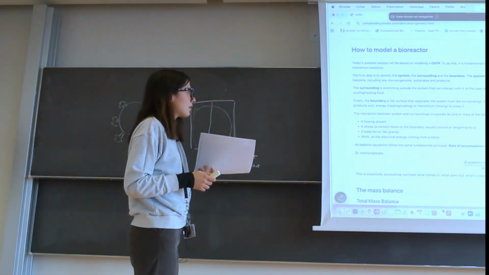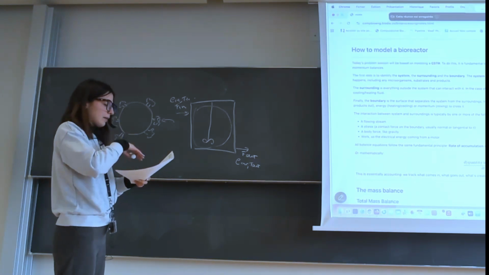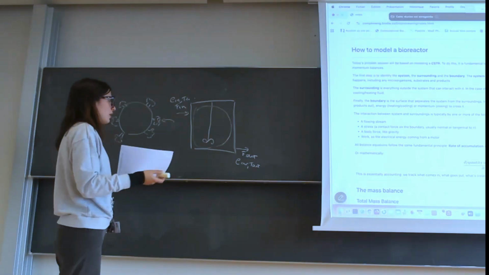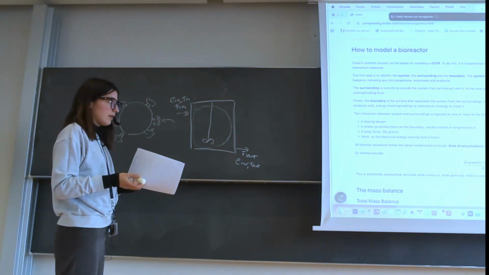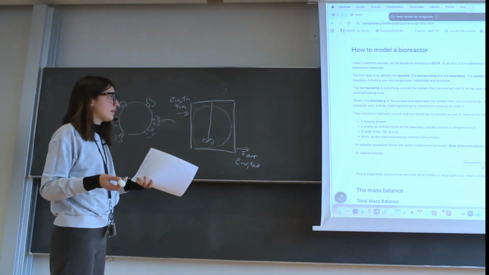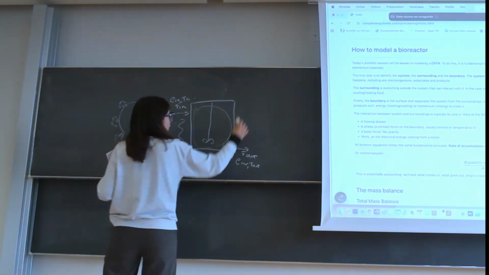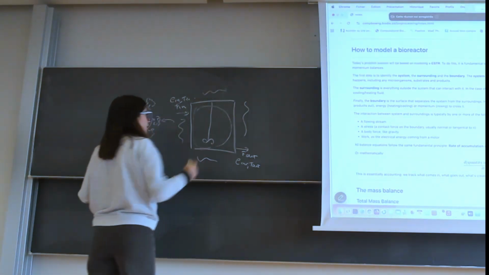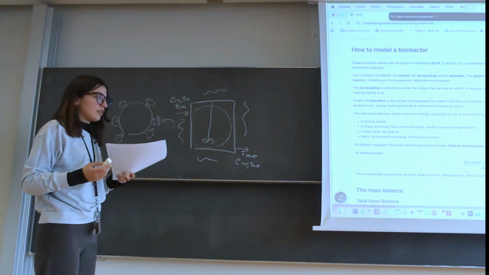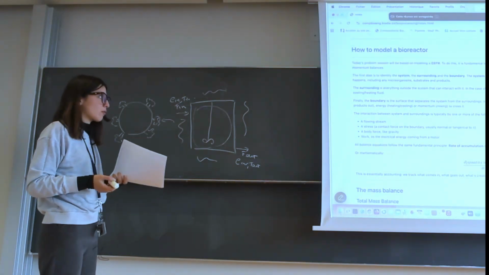While the surrounding is all the things with which the system can interact. For example, in the case of this CSTR, it can be the air around the tank, or if we have a jacket to cool down the reactor, and so on.